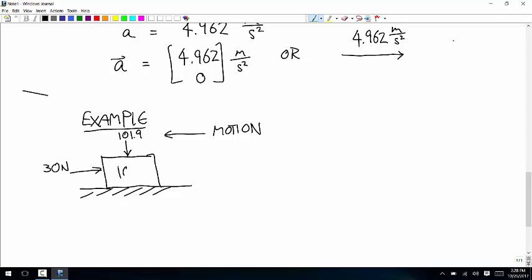And this is still 10 kilograms. And we still have the same coefficient of kinetic friction, that's 0.2. And we still want to calculate the acceleration vector.